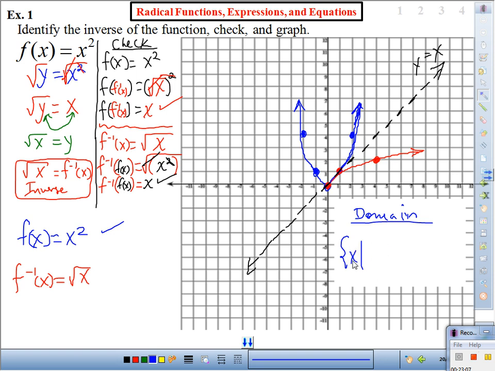The domain is solution set of x such that x is what? Greater than or equal to? What? 0. Because it starts at 0 and it continues to infinity.